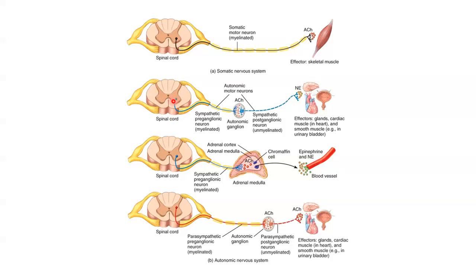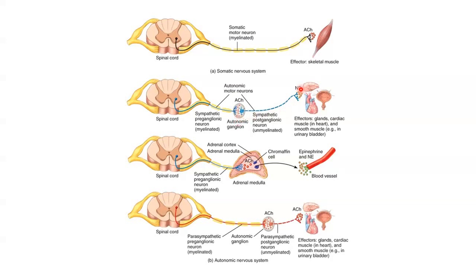Its myelinated axon then extends out of the spinal cord, out through, say, a cranial or a spinal nerve, and to an autonomic ganglion. So remember, a ganglion is a collection of cell bodies in the peripheral nervous system.